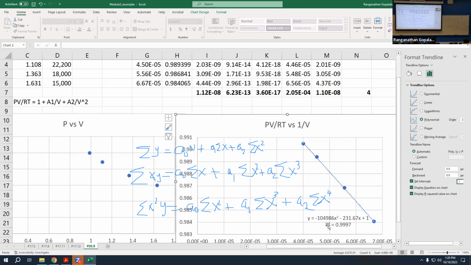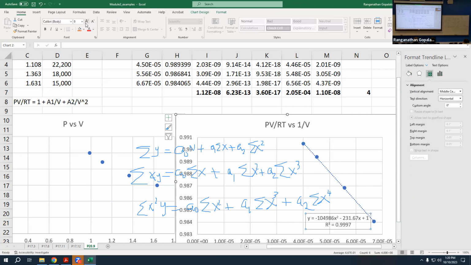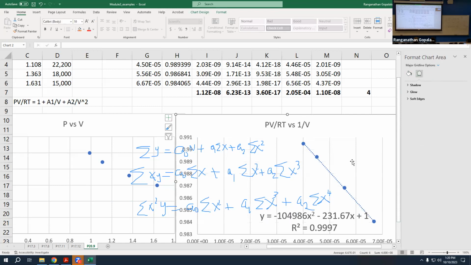Set the intercept equal to 1, then directly you can get the fit equation with only 2 parameters. Okay, that is, I'm already setting the intercept equal to 1 by putting it in the software. So this is my second order coefficient and first order coefficient.